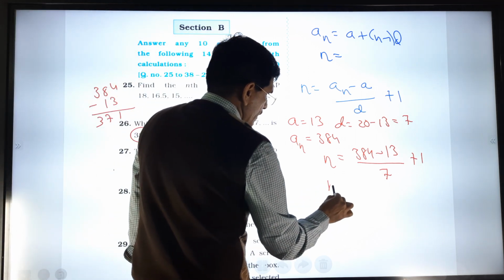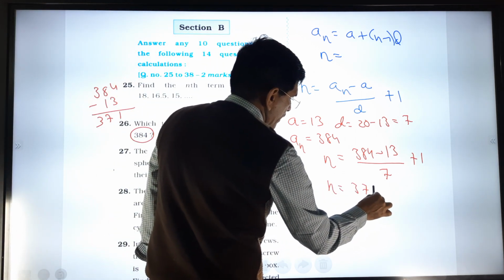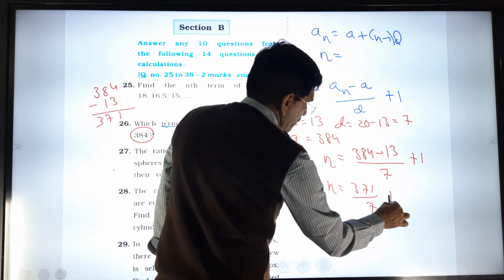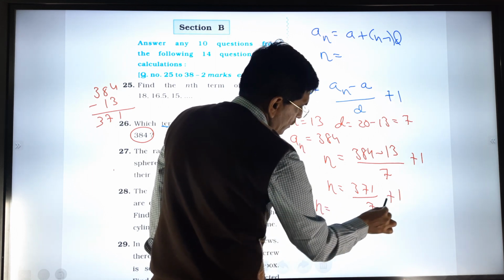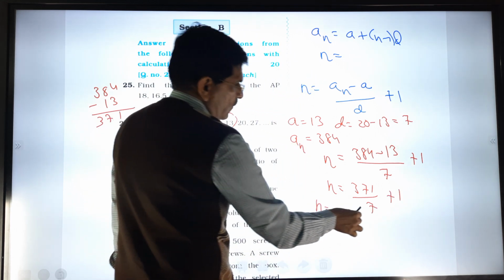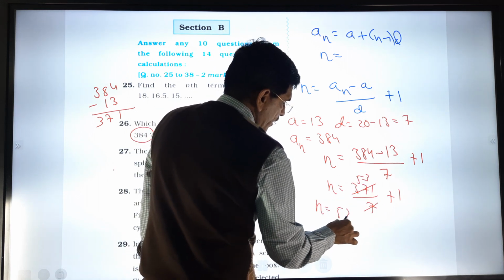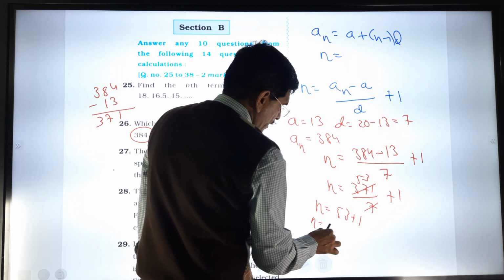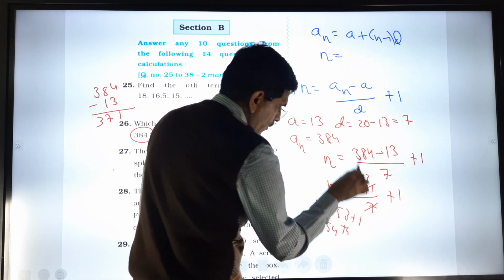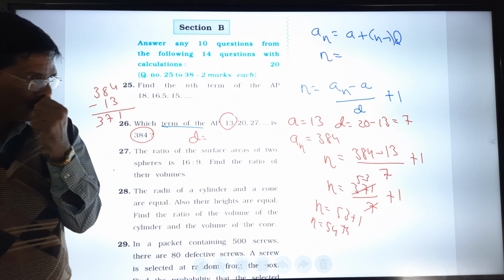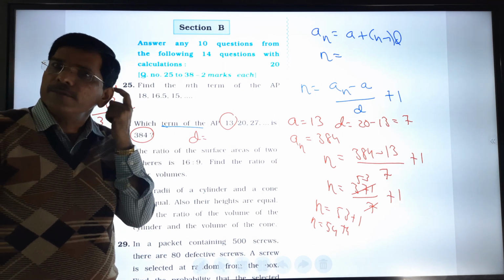So n is equal to 371 upon 7 plus 1. 7 5s are 35, 7 3s are 21. So 53 plus 1, that is the 54th term. So the 54th term is the answer.